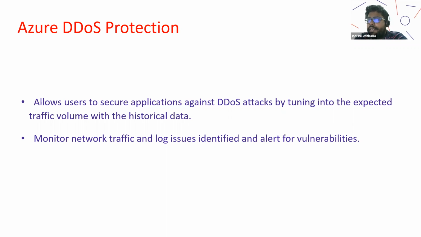It will monitor the network traffic, and with the historical data, it will understand if there is a possible increase in the network traffic to your resources. If so, it will identify and alert you to the vulnerabilities, so you will know that you can take preventive actions using the feedback from the DDoS protection.